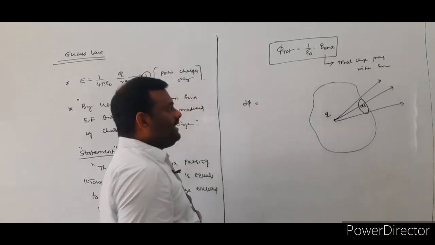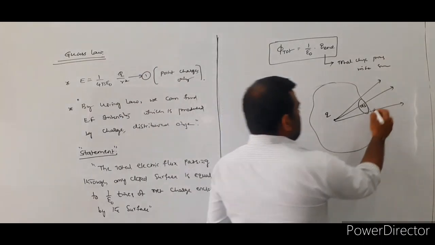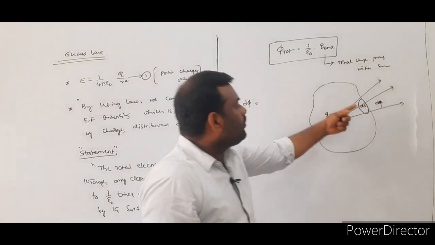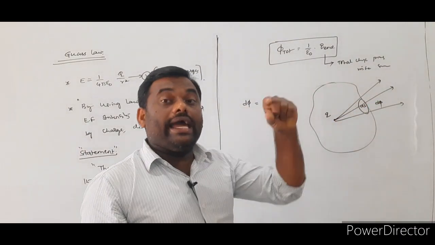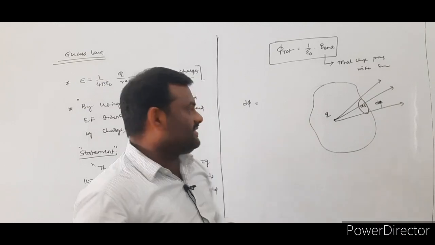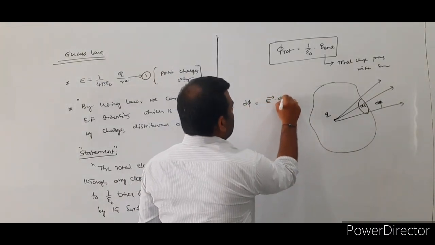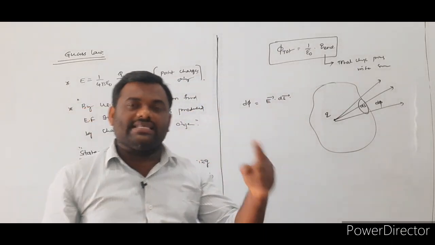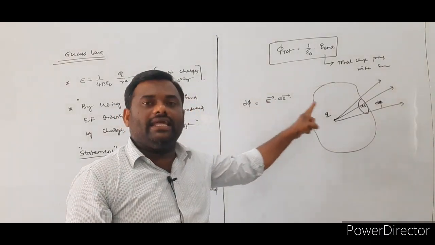I am assuming that d phi amount of flux is passing through the small area ds. According to the definition of the electrical flux, d phi is defined as E bar dot ds bar.